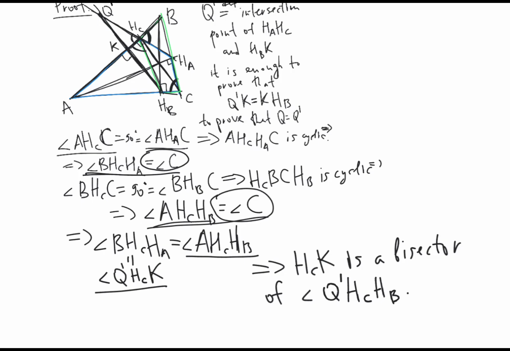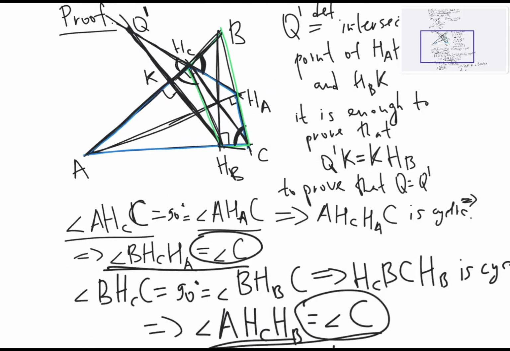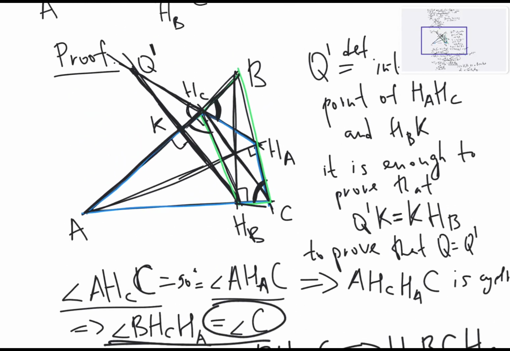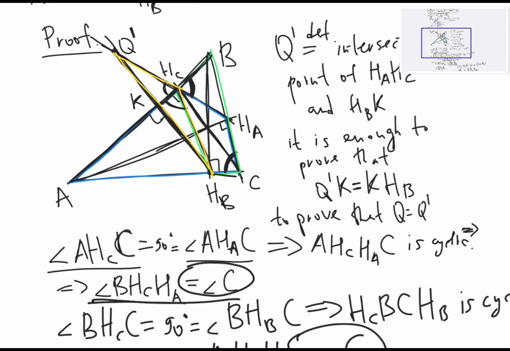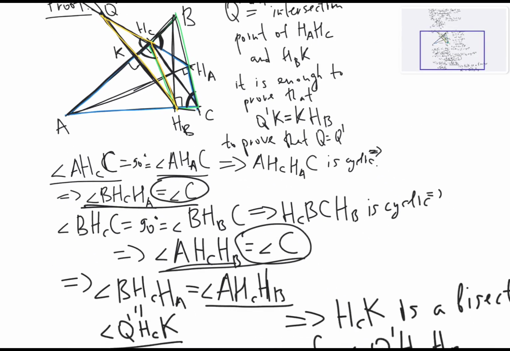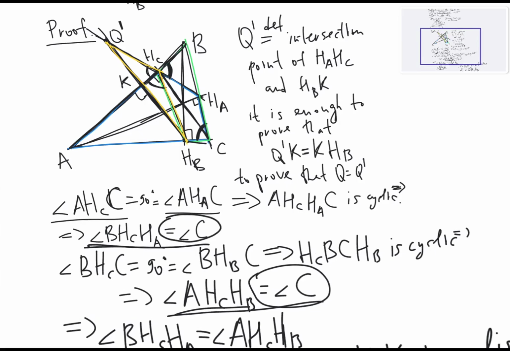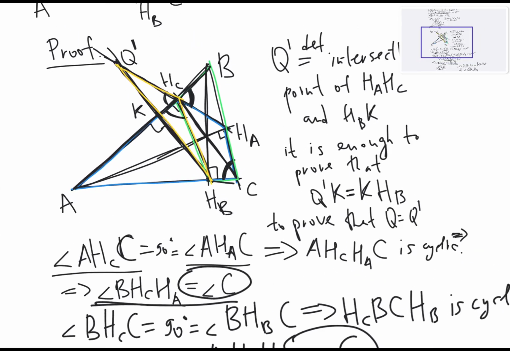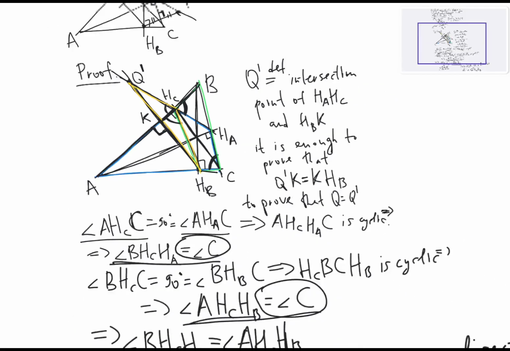Now if we consider the triangle, like this triangle that I highlighted with yellow, Q prime HCHB. So in this triangle HCK is both a bisector, as we just established, and it is also an altitude, because this angle is a right angle, right?